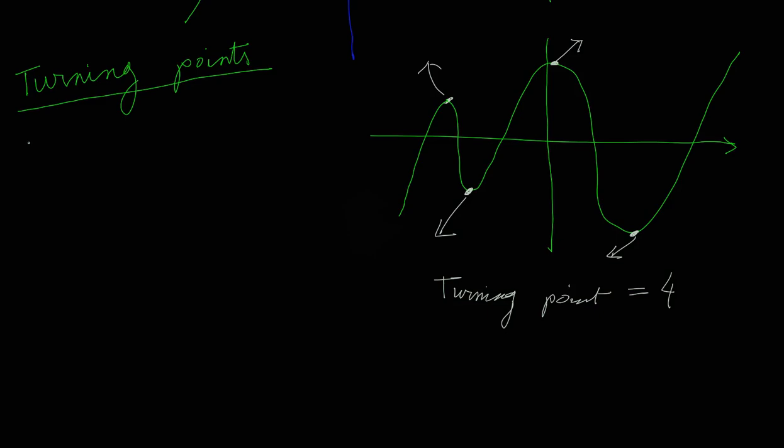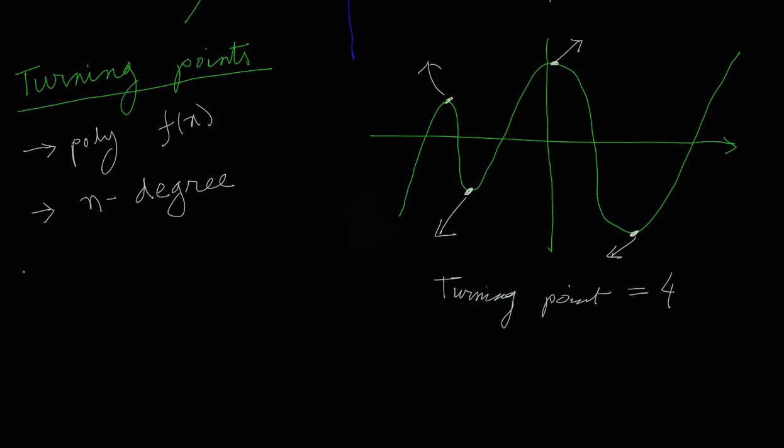So let's say I have a polynomial function, a function of x. Let's say I found that this polynomial function is of n degree. Now how many maximum turning points do I get?